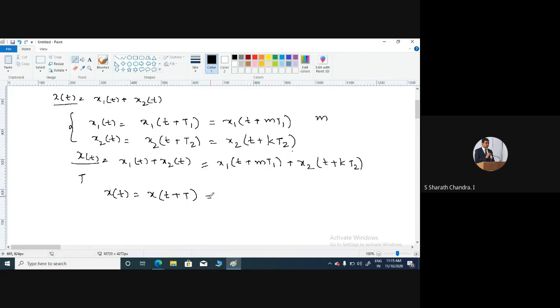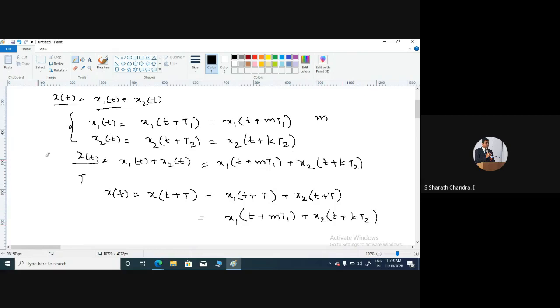Therefore, from this equation, you can write that x of t is equal to x of t plus T. Then you can substitute it in that particular equation, and we can write it as x1 of t plus T plus x2 of t plus T. Since this is equal to this one, I substitute in this relation and write it as x1 of t plus m T1 plus x2 of t plus k T2.